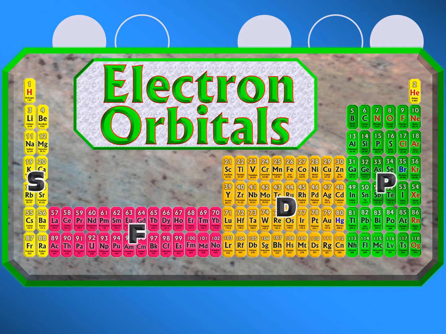We talked about why those fill in that order, but just keep in mind, if the element is located in one of those areas on the periodic table, then that is the last orbital being filled in that element, at least in the atom. The only exception is helium. Helium should be in the s block, but it's thrown to the right because it's much like the elements below it.